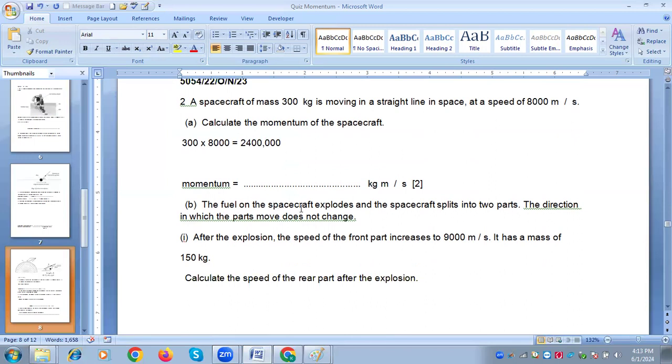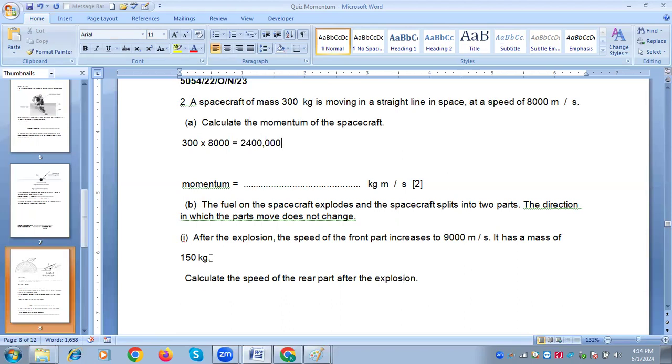The fuel on the spacecraft explodes and the spacecraft splits into two parts. The direction in which the parts move does not change. Okay, that means they continue moving in the same direction as they were moving when they were in one body. It did not split. After the explosion, the speed of the front part increases to 9,000 meter per second. It has a mass of 150 kg.